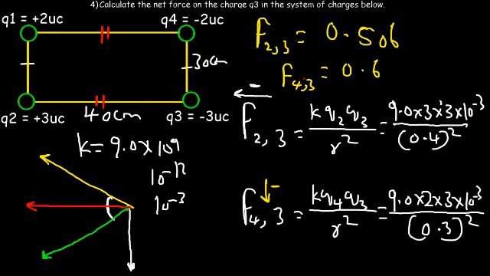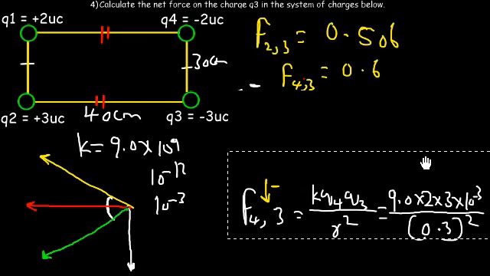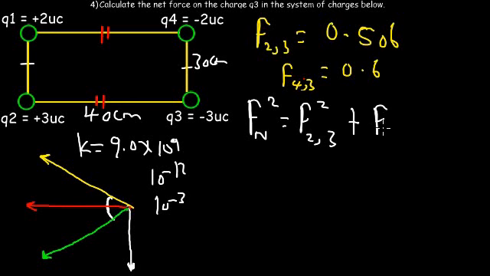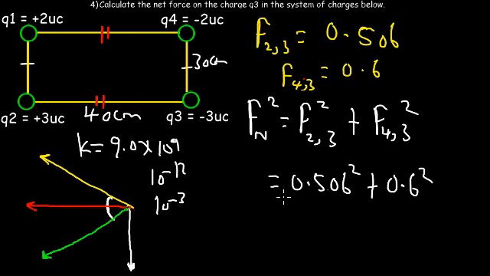So having gotten that, we can find the net force between them using Pythagoras theorem. So the net force between them, F sub n squared, according to Pythagoras theorem, is equal to F sub 2,3 squared plus F sub 4,3 squared. So that will be 0.506 squared plus 0.6 squared.